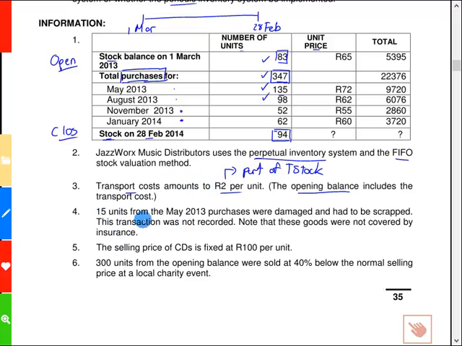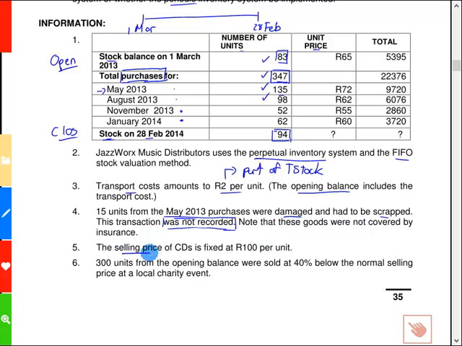Then we've got 15 units from the May 2013 purchases, so that's here. 15 units of those were damaged and had to be scrapped. This transaction was not recorded. So that means we're going to have to record that. Okay, so in this information, that's not in there. Note that these goods were not covered by insurance.